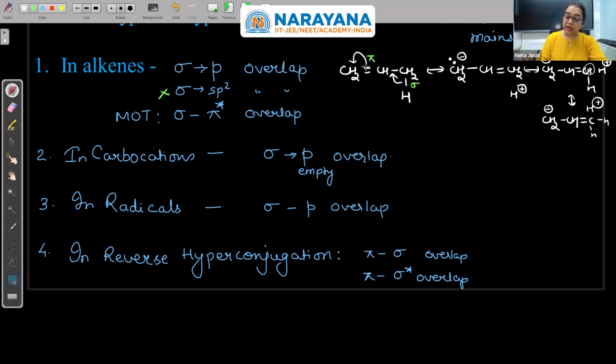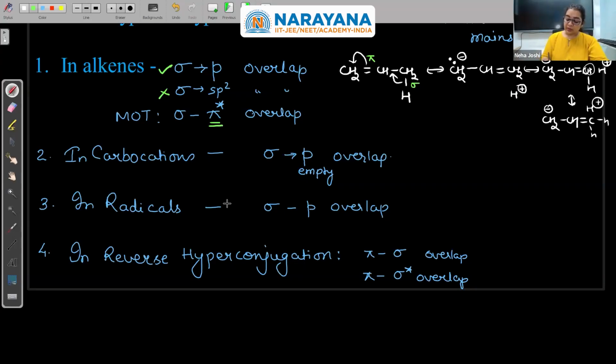This is an unhybridized orbital. So use sigma and p orbital, or sigma and pi star. Yes, because the pi orbital has this electron pair and this sigma bond gives its electron to this CH, so it will be accepted in its pi star orbital only. Is that appropriate? Sigma and pi star.